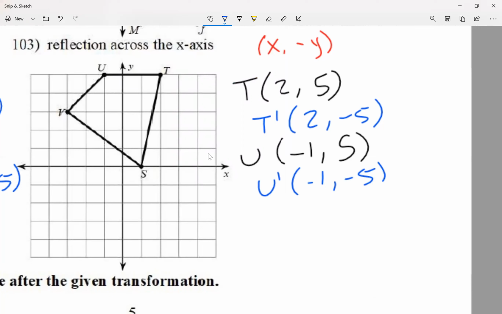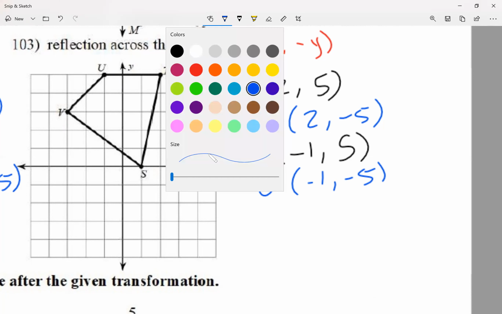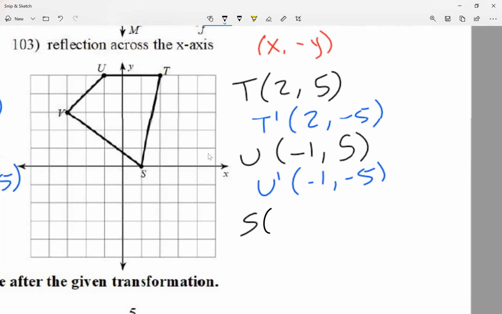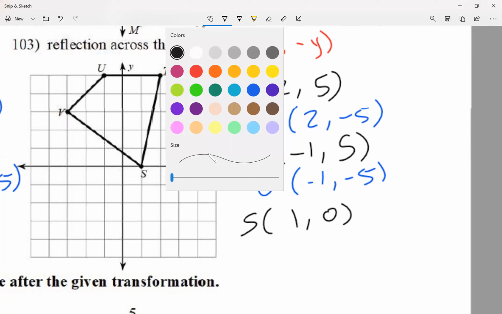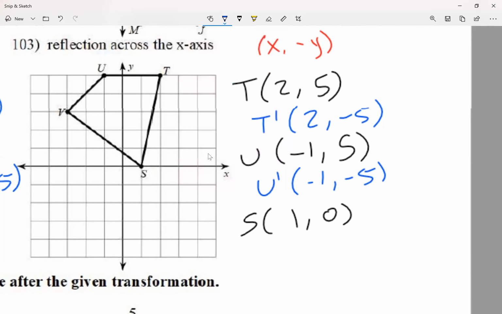I could do S, I could do V. Actually, let me take a look at S. The coordinates of S are 1, 0. Coordinates of S prime will be 1, 0. I'm supposed to change the value of the y, but there's no such thing as a negative 0. So I'm just going to leave it at 0.